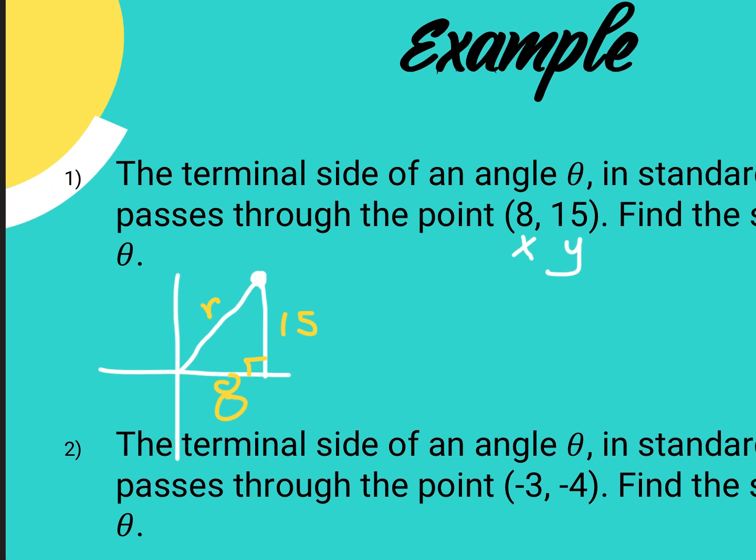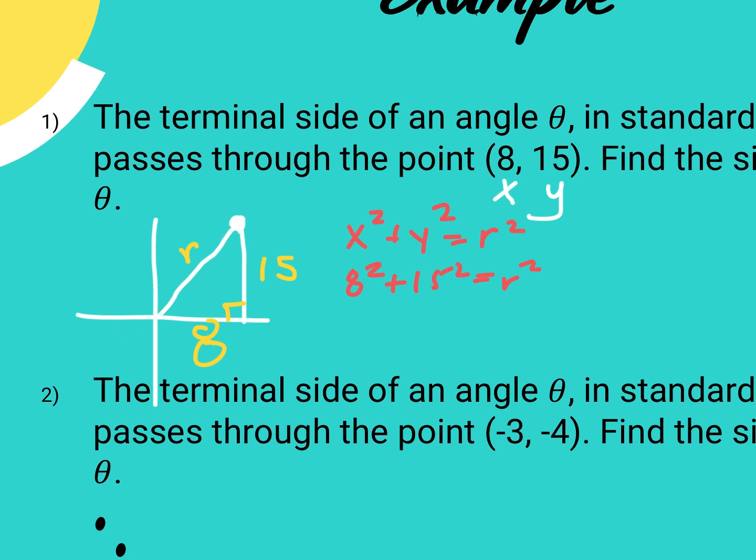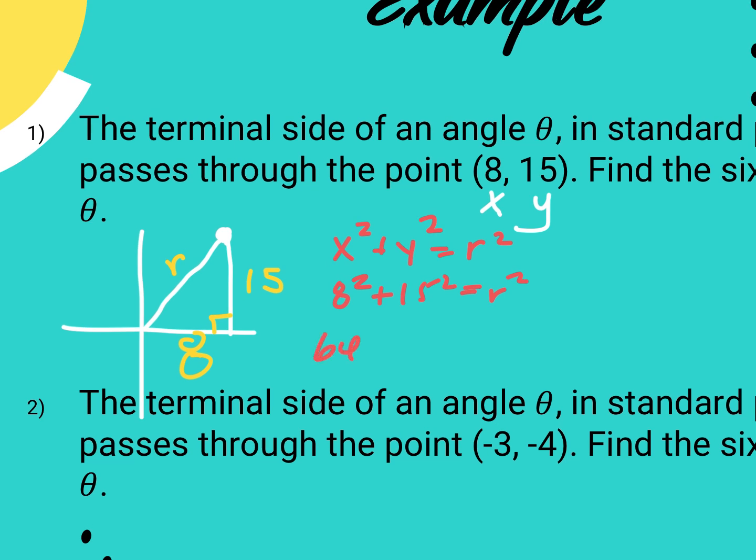X squared plus y squared equals what? R squared. Okay, we can all handle that. I have 8 squared plus 15 squared equals r squared. What's 8 squared? Perfect. 15 squared. 225 equals r squared. Great.